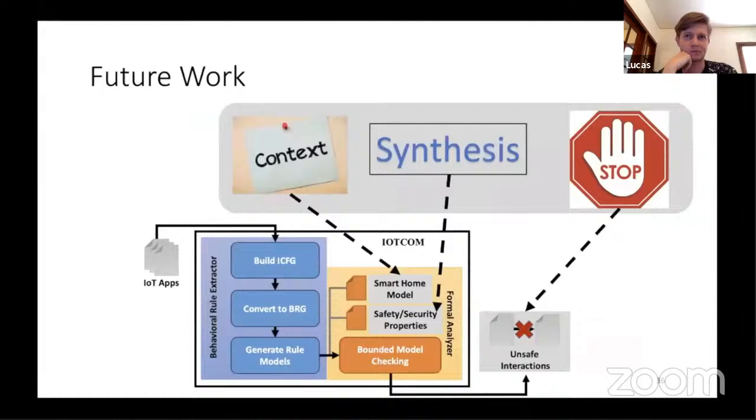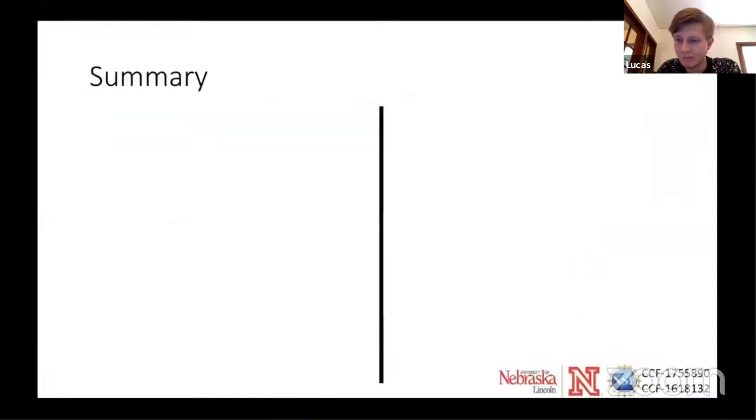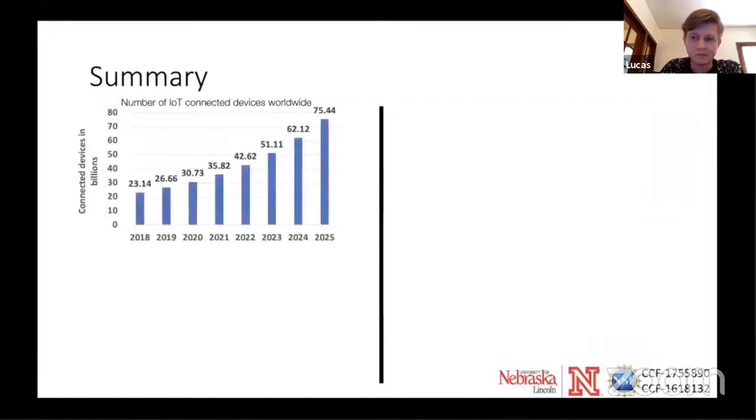Finally, this work can be extended by considering contextual information like number of rooms and different floors. In the smart home model, synthesis can be considered for automatically generating safety and security properties. Enforcement can be applied to prevent unsafe interactions.